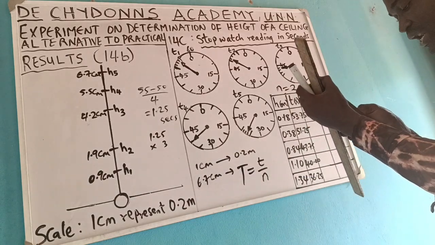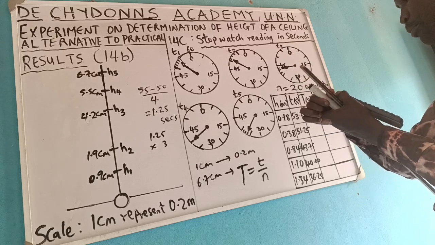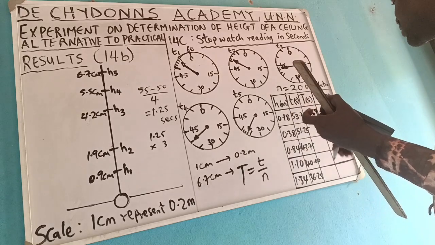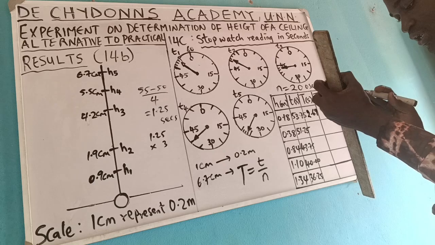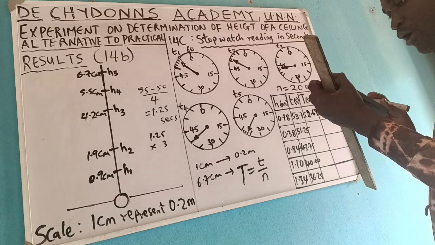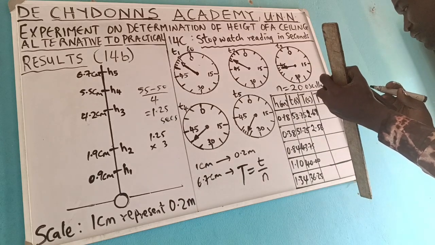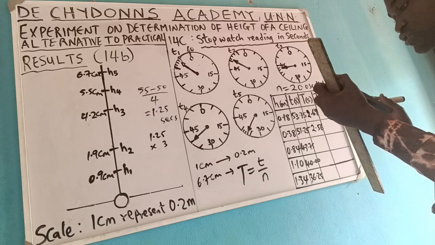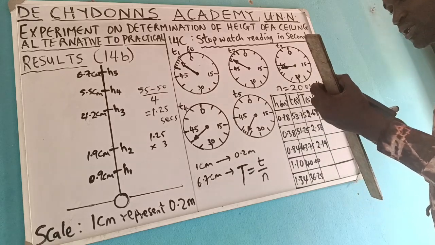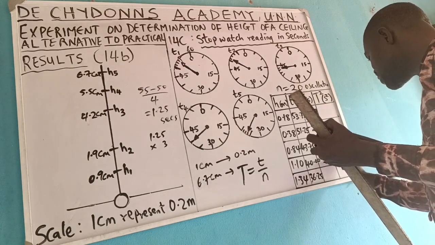Here, 53.75 divided by 20 is 2.69. 51.25 divided by 20 gives you 2.56. 43.75 divided by 20 will give you 2.19. 40 divided by 20 will give you 2.00.